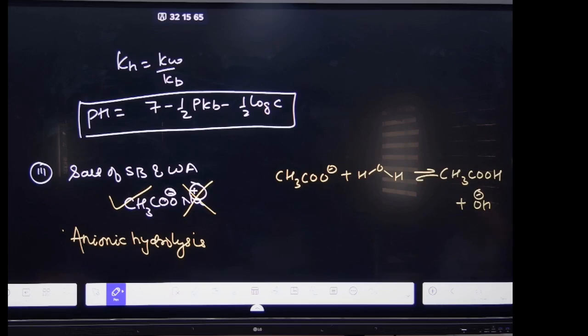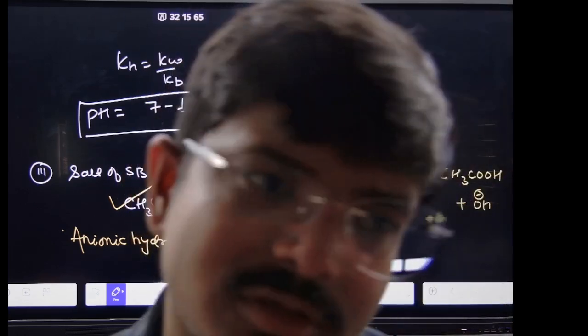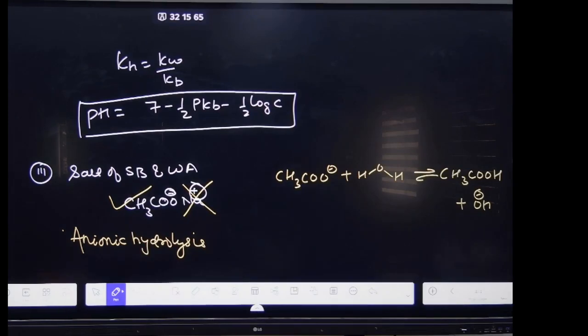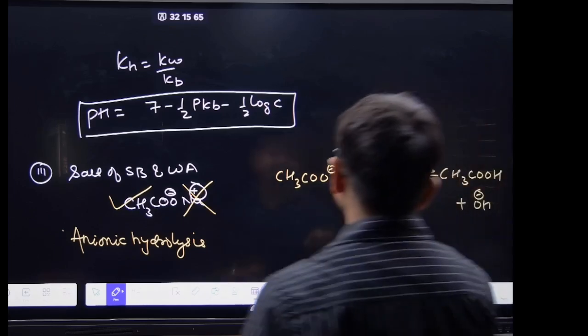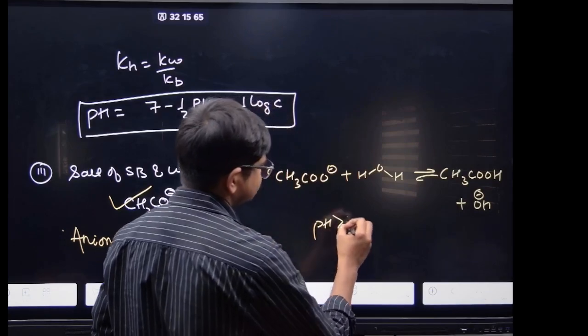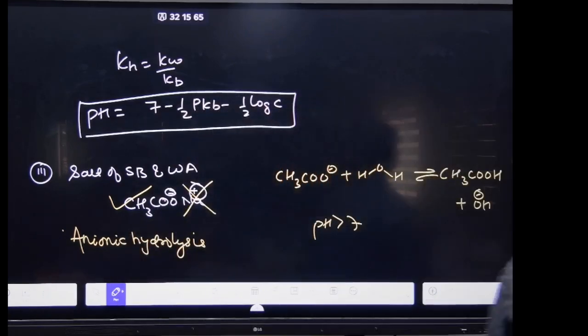So when anionic hydrolysis is there, you will have more moles of OH minus. As the concentration of OH minus increases, the solution becomes basic. That means pH will be greater than 7. Fine. Got it?